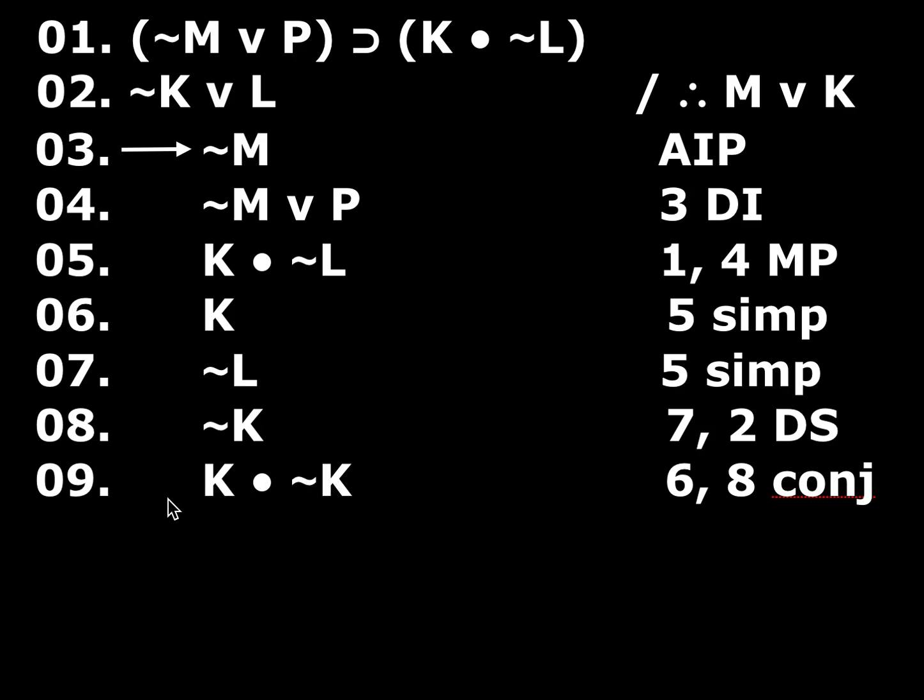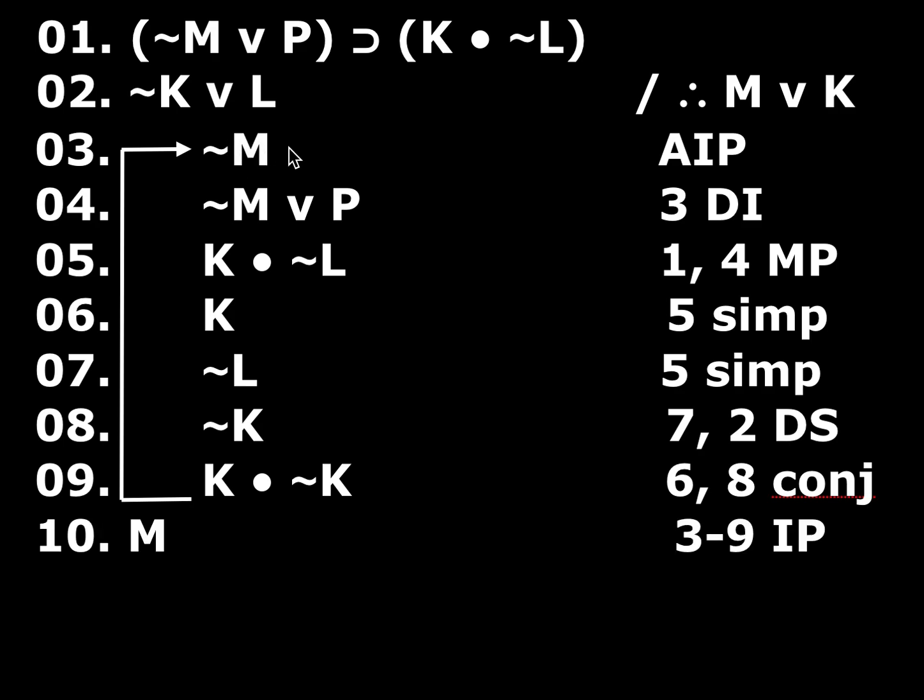So there's an explicit contradiction. I'm going to close the subproof. Next line has to be the negation of my AIP, so M. And then I'm going to use DI to get M or K. And I got a little bit lucky because M really does follow from these premises, and so I was able to derive it.